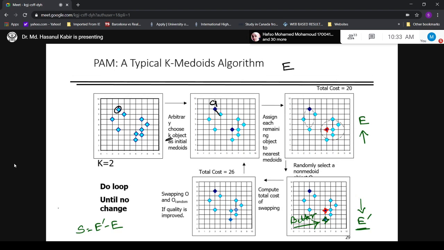So if the value of S is less than 0, what does it mean? That means the new cluster center has improved the clustering quality.